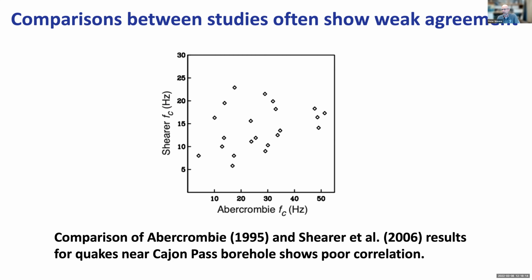But more seriously, if you compare studies, they don't always agree that well. So I started working with Rachel Abercrombie a number of years ago, and we would do these sorts of comparisons where we're looking at the same earthquakes and comparing the corner frequency estimates that I got with the ones that she got, and there's just a huge amount of scatter here.